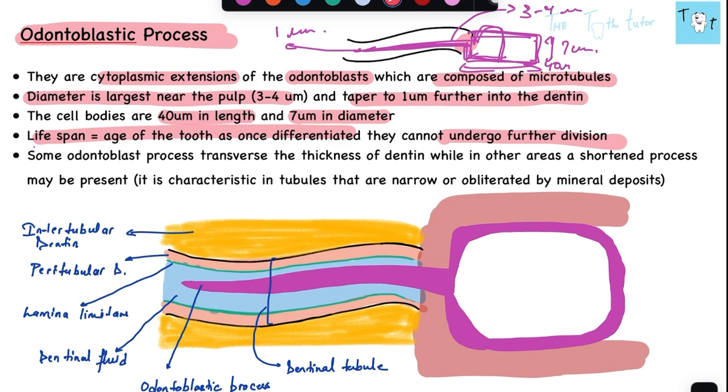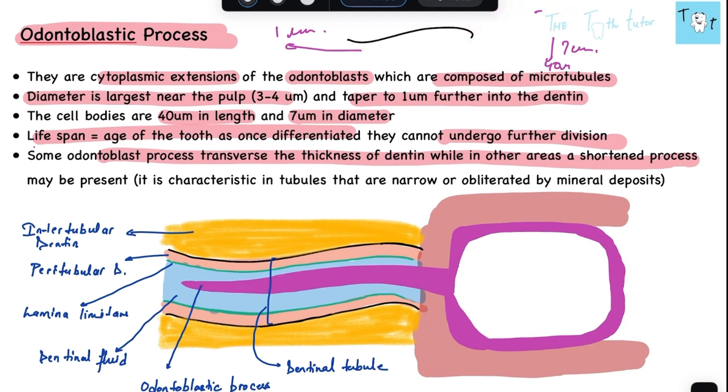Some odontoblast processes traverse the thickness of the dentine. What this point is saying is that some odontoblastic processes are long and some are short. If I draw a picture over here, say I have two tubules, one going like this and one going like this.